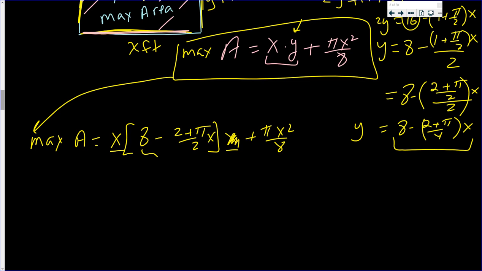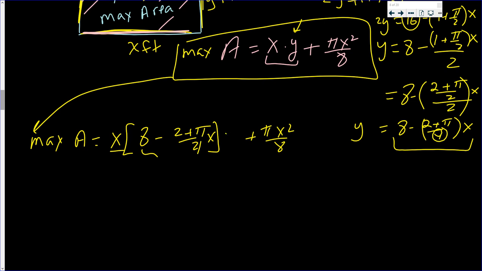Only that is. And one other typo. It's 2 plus pi over 4, and I had 2 plus pi over 2. Okay, so now we are in a much better position to get this right.